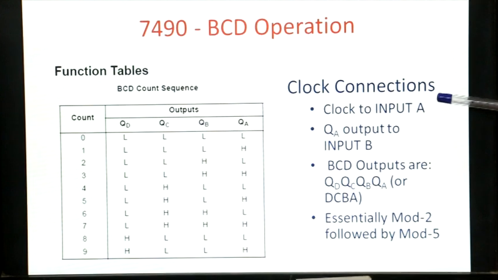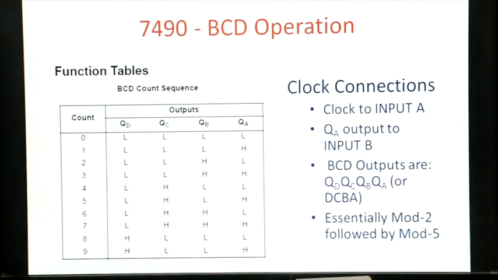The way it's connected is that the input clock is connected to input A, and your QA gives you the divide by 2 or mod 2 output. That QA is connected as a clock to input B, and therefore your BCD outputs will be QD, QC, QB and QA. Essentially you are cascading mode 2 followed by mode 5. This is the normal BCD operation.